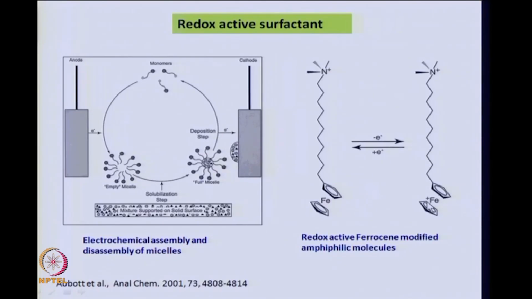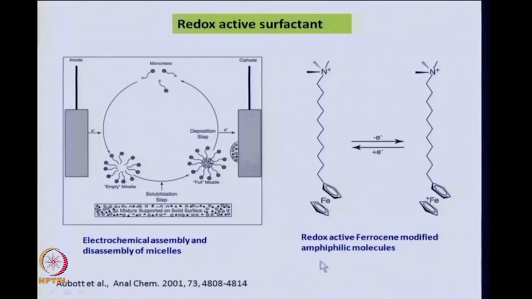So, there is a positive charge because one electron has been removed, and if you add an electron to this, then you get back this ferrocene derivative. So, you can go back and forth by removing electrons or adding electrons, and these are again redox active amphiphilic molecules. Amphiphiles are basically again surfactants. Anything amphiphile means that it has a possibility of adhering to hydrophilic as well as hydrophobic moieties. So, any surfactant is an amphiphile.